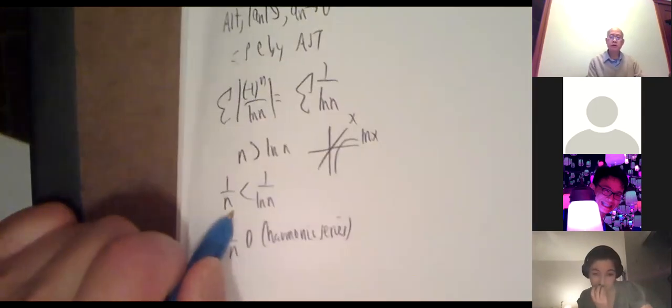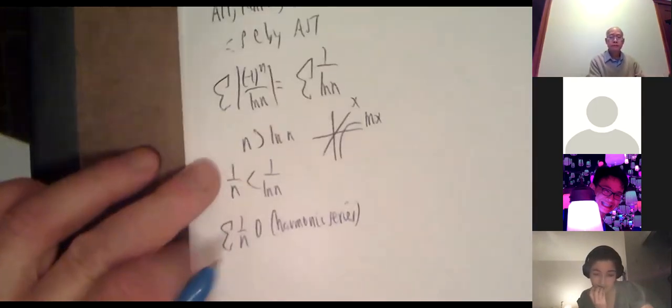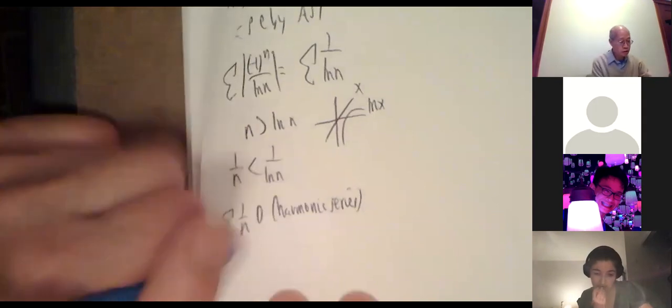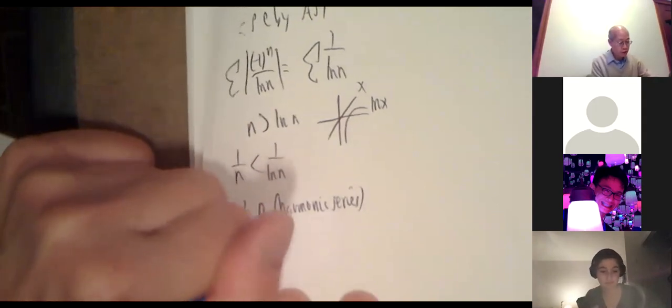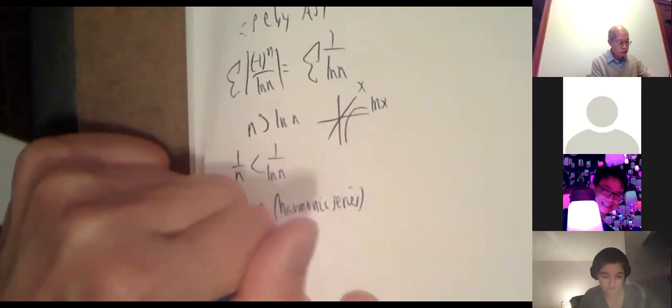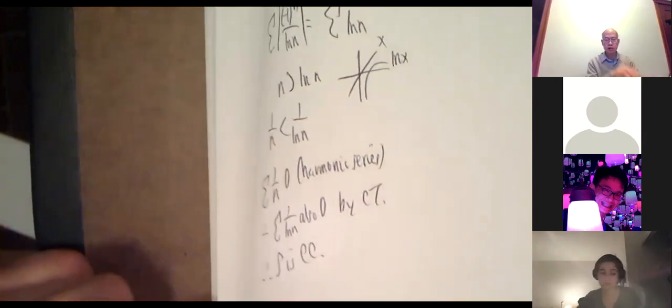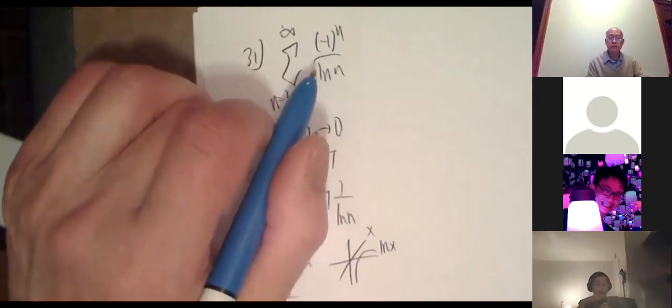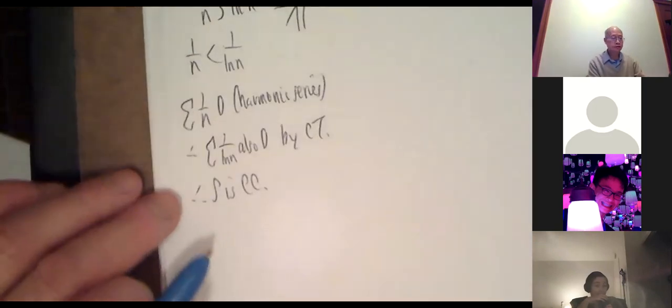So the smaller series diverges to infinity. Therefore, this one also diverges. So therefore, summation 1 over ln n also diverges by comparison test. So by definition, therefore, the original series is conditionally convergent, which means the series converges, but if I take the absolute value of all the terms, it diverges. So by definition, that's called conditionally convergent.